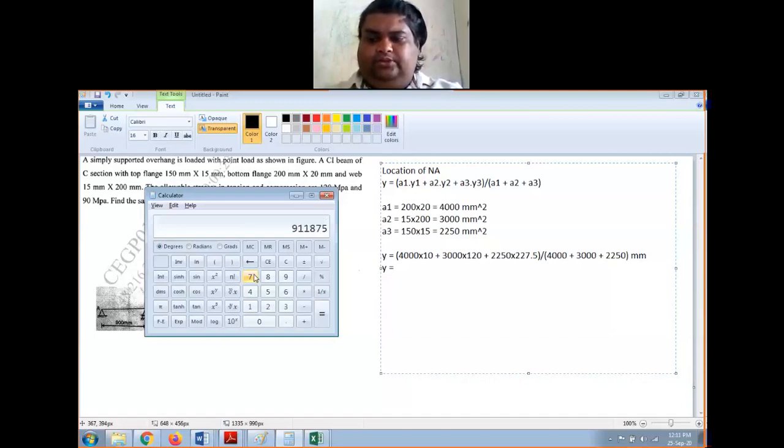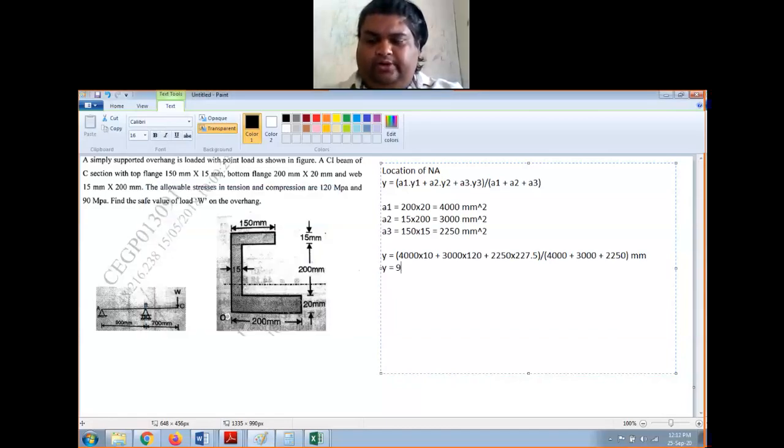It is this much, divided by 4000 plus 3000 plus 2250. It is 98.58, so 98.6 mm, right? So from the bottommost fiber at 98.6 mm, I have the neutral axis, right?